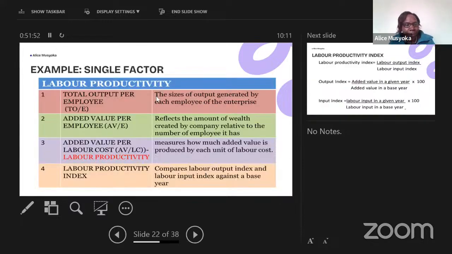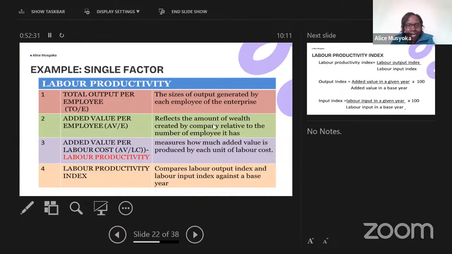Let's take an example. If we want to calculate labor productivity, for instance, scenario number 1, we can take total output per employee, which is TO, or total output, over E, standing for employees. And this will give us the size of output generated by each employee of the enterprise. We can also look at added value per employee, the AV over E. That is added value per employee.